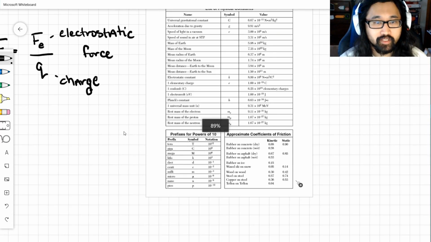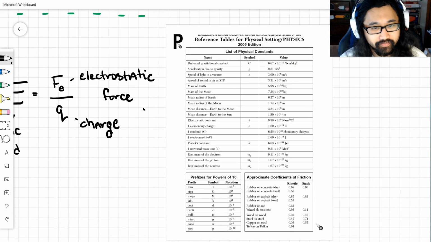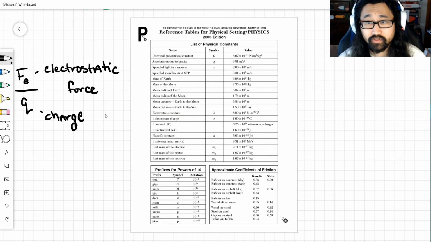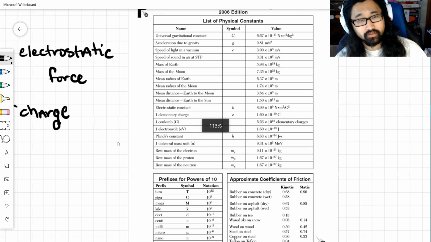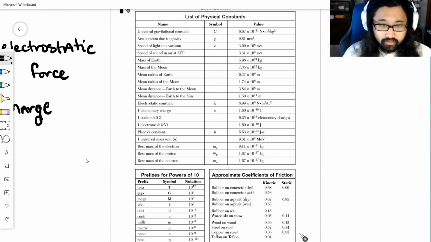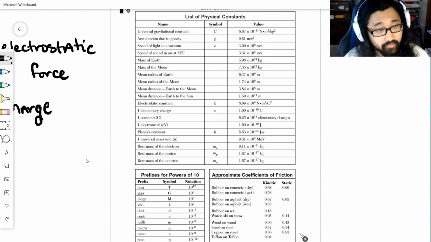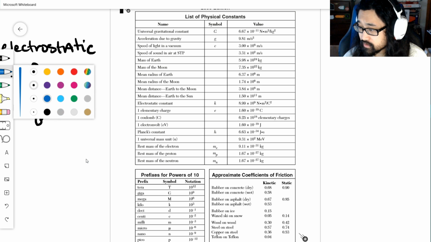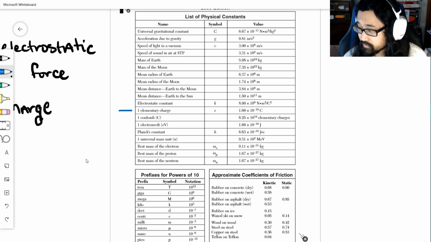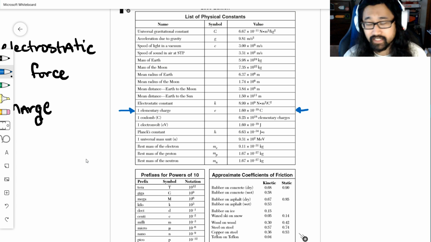I want to point something out about the charge. And if you have a physical copy of your reference table that you like to use, you can make this note as well. The note that I think you should make has to do with this information here: the elementary charge, which is 1.6 times 10 to the negative 19th coulombs.